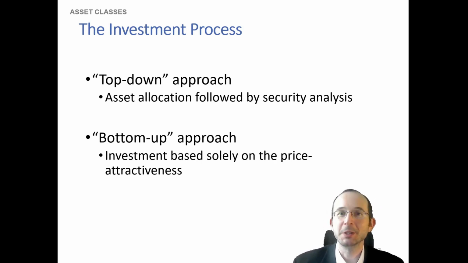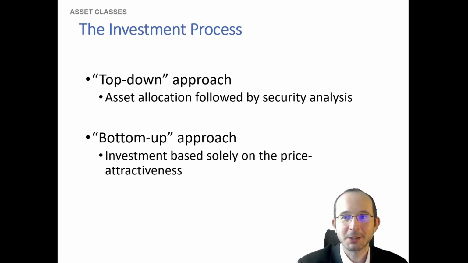Maybe equities are really cheap in a certain period of time, so you put all of your money in individual equities, and once you've allocated it all, you come to realize that your portfolio is made up of 90% equity and only 10% of debt. That can be more risky than intended. So especially for newcomers to investment, the top-down approach is advocated where first you allocate between asset classes, and then within asset classes, you actually do the security selection.